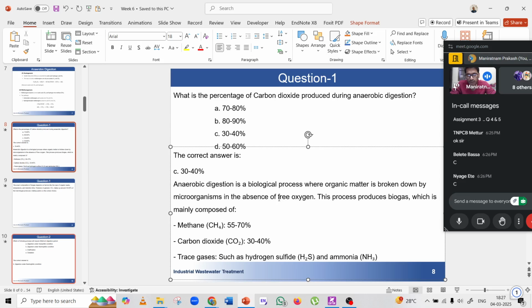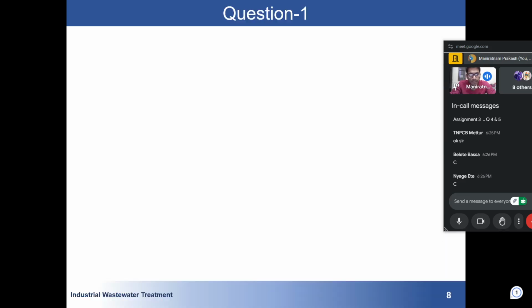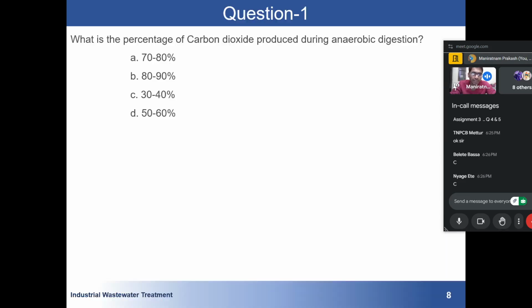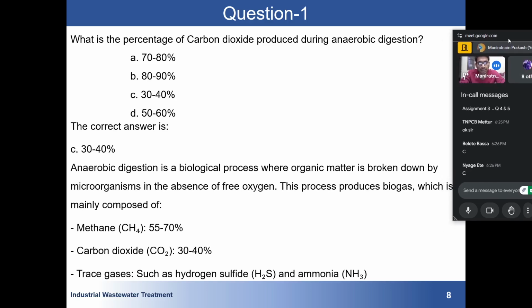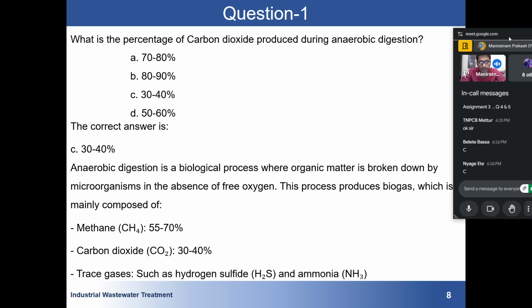When a microorganism is digesting something in presence of pure O2, that condition is known as aerobic. But when a bacteria or any microorganism is consuming some oxygen which is not free in nature, then that is known as anaerobic digestion.